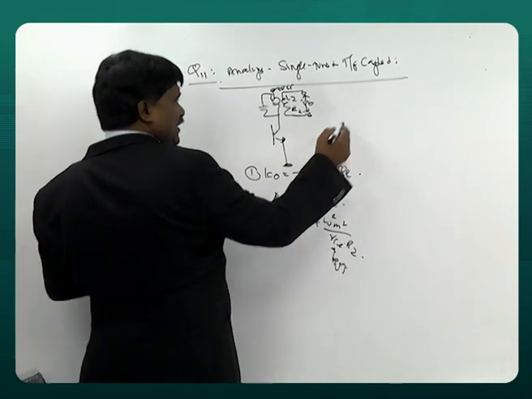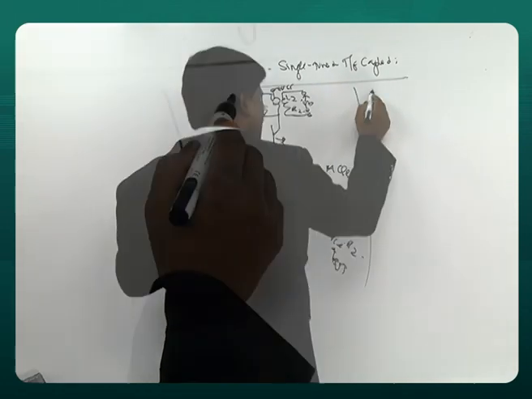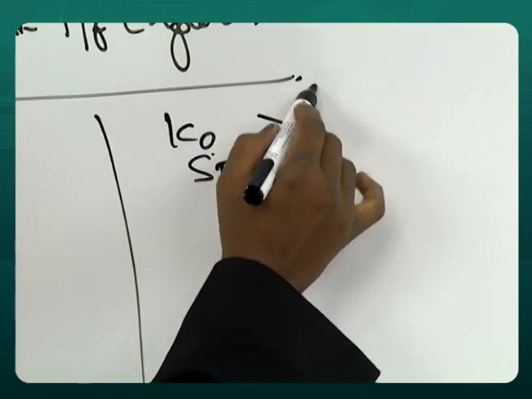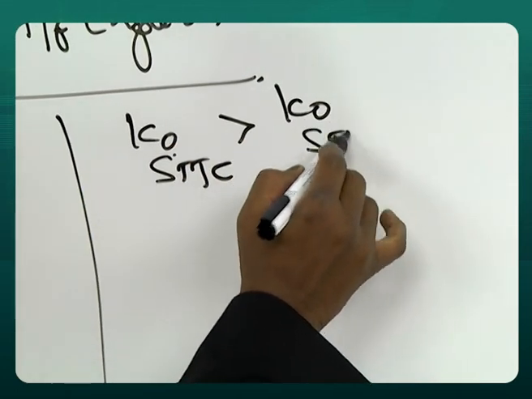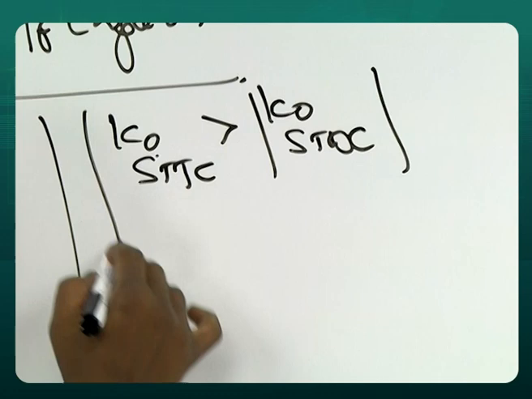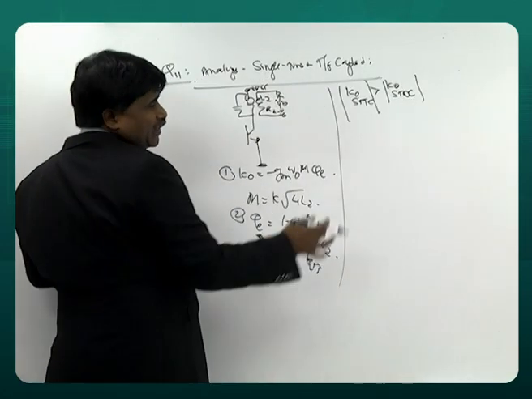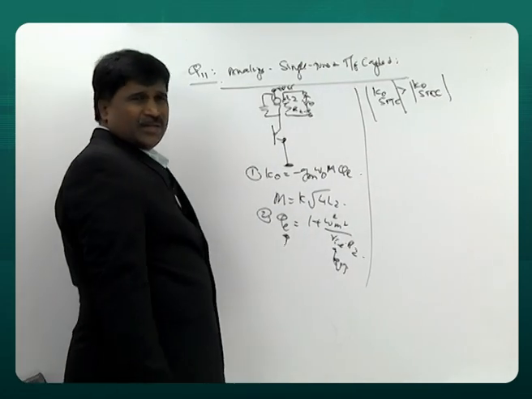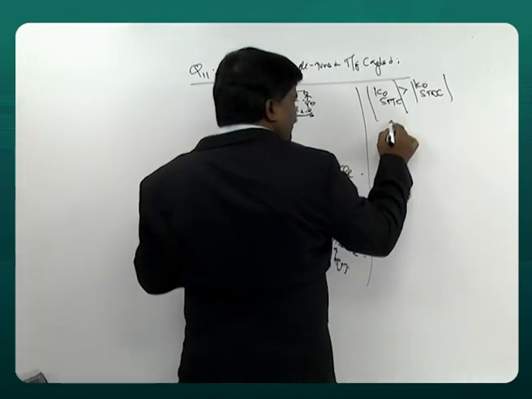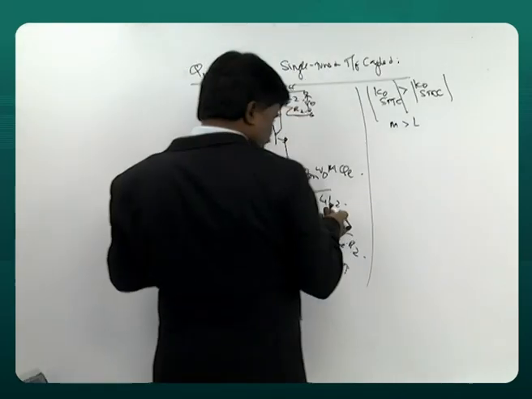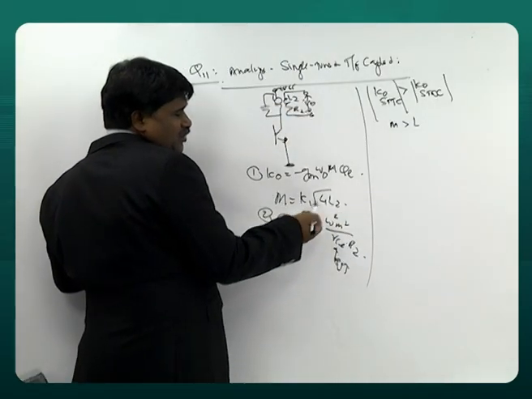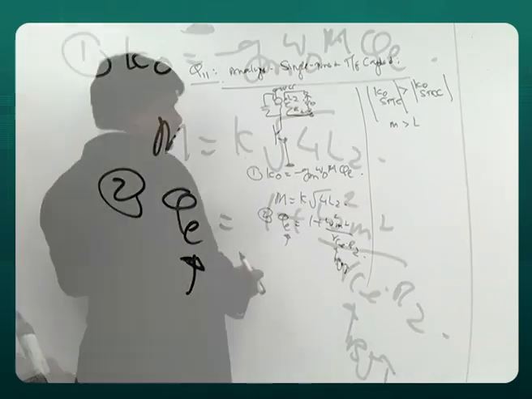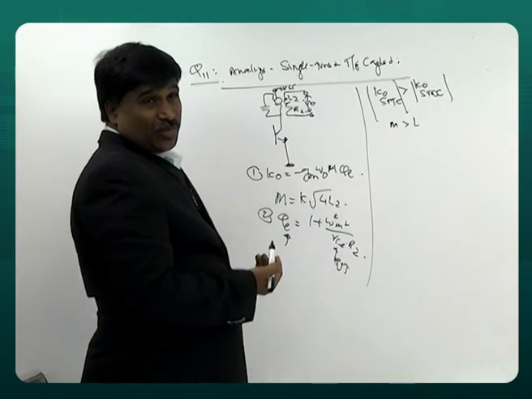So we can say the gain of single tune transformer couple is more than single tune direct couple. Why? Because M is greater than L. You see here, M is K into, so if L1 is equal to L2, K is greater than 1, where K is coupling factor.